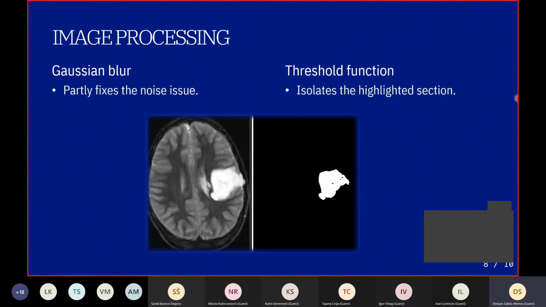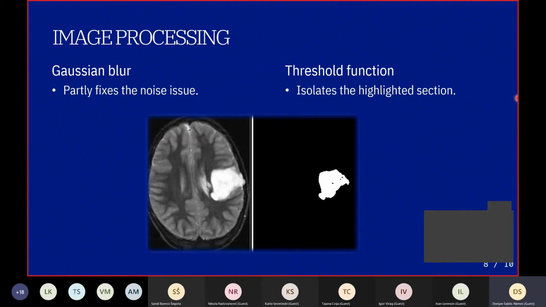Here we can see the previously mentioned image processing techniques of Gaussian blur and threshold function. Gaussian blur partly solves the noise issues of the MRI images, but I say partly because noise reduction in MRI images is a subject of study in itself. There are many complex techniques. We use the most simple one, just blurring the image, and it resulted okay, but many improvements can be done.